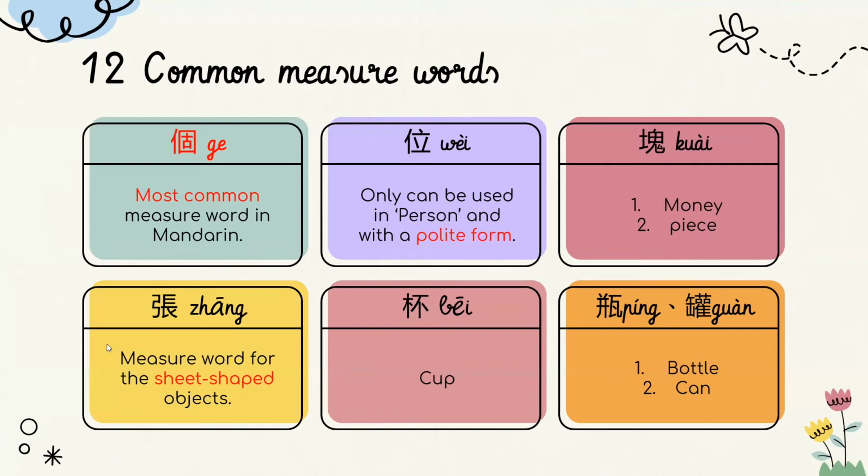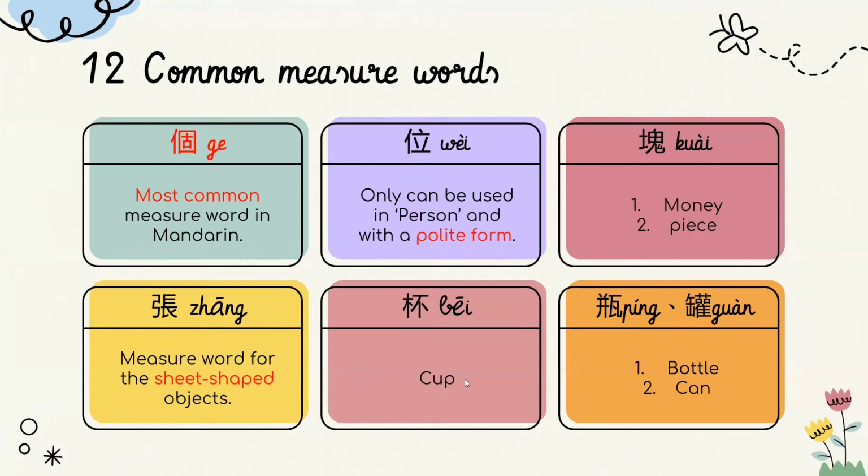And 张 is a measure word for a flat object, like paper, photo, tissue, or even a newspaper. It's not a complete newspaper; it can be like a sheet of the newspaper.